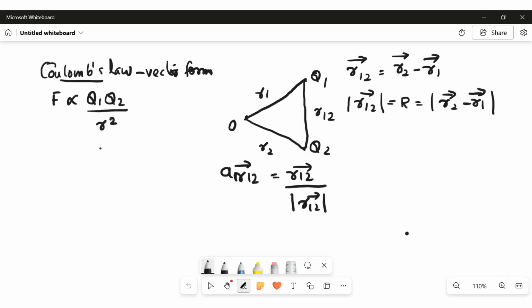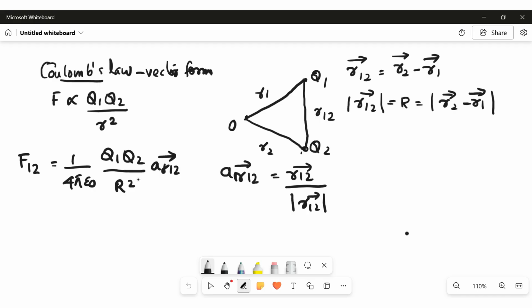Now from Coulomb's law, we can find the force on the charge Q2 due to the charge Q1. We can express that as F12, which is equal to 1 by 4 pi epsilon 0, that is the constant we are using, into Q1 Q2 divided by the square of the distance between Q1 and Q2, which is R square, into the direction AR12. Okay.